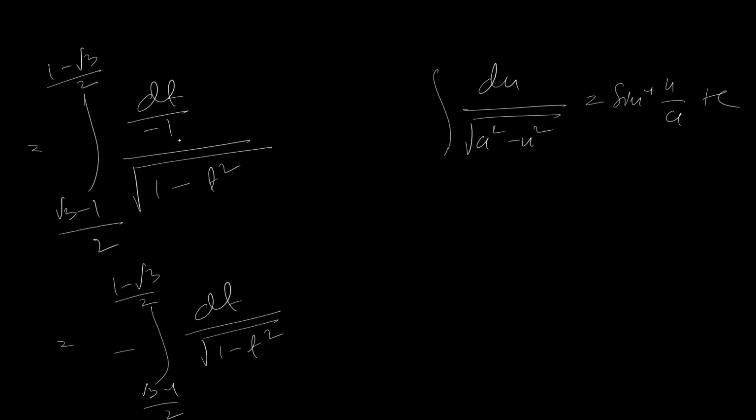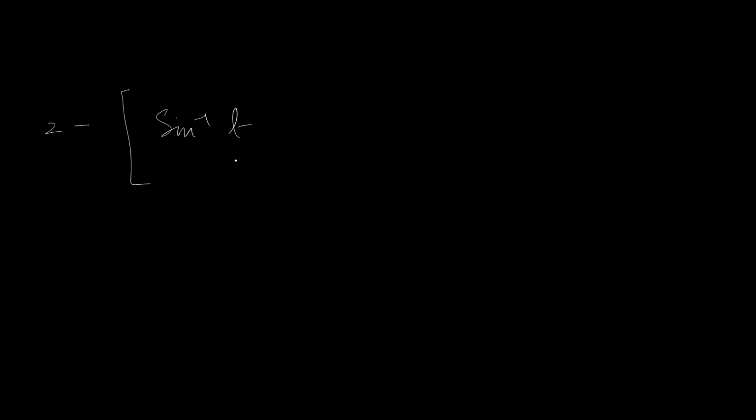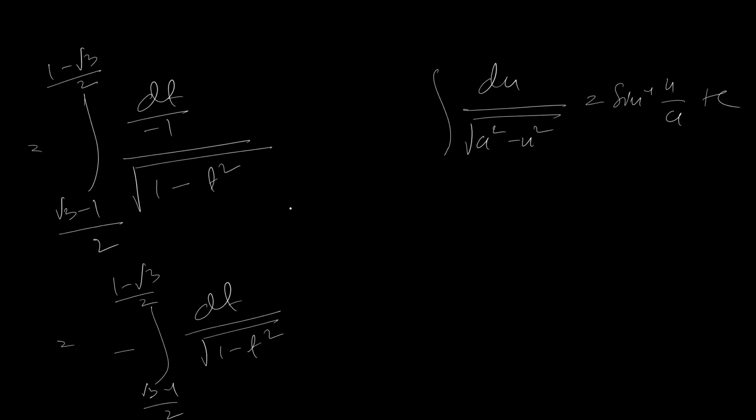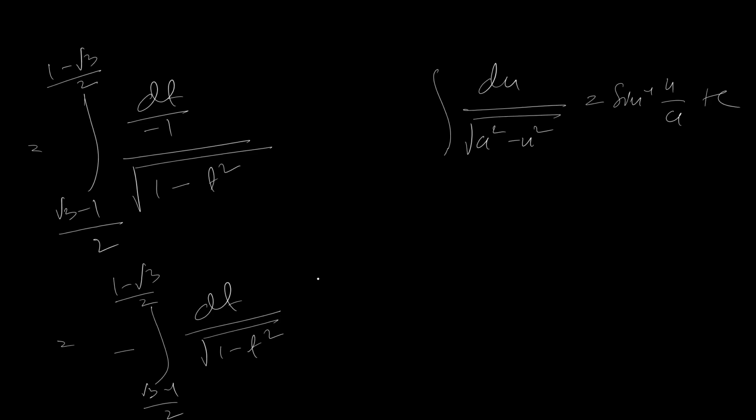So this will be equal to −sin⁻¹(t). Here a is 1, so t by 1 is ultimately t, and the limits are (√3 − 1)/2 to (1 − √3)/2.